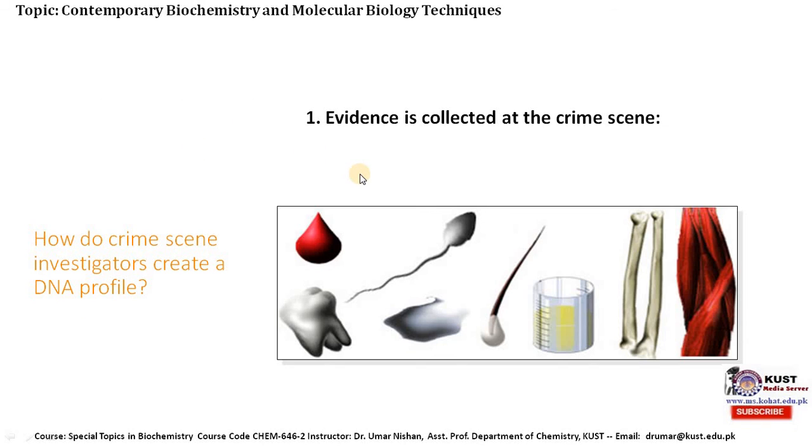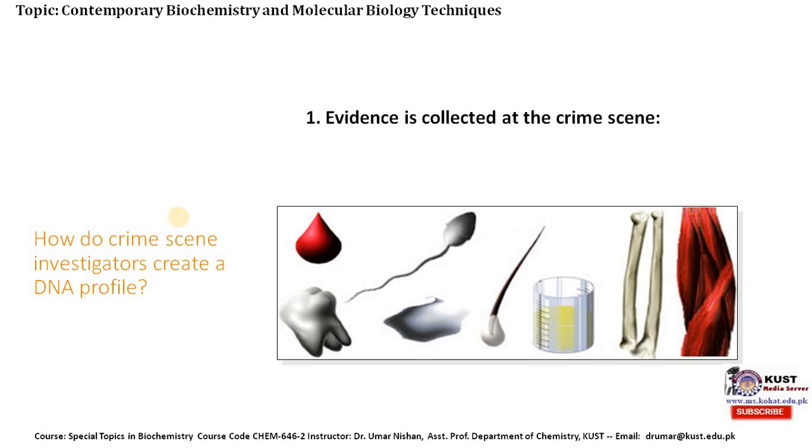Here, at the end of the lecture, we take a case study of a particular situation where the PCR technology can be used in a crime scene. So we try to understand how crime scene investigators create a DNA profile.